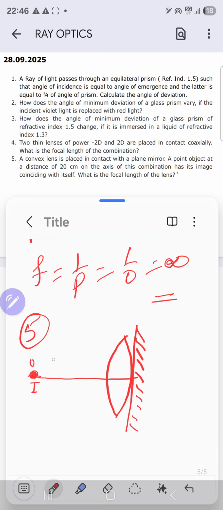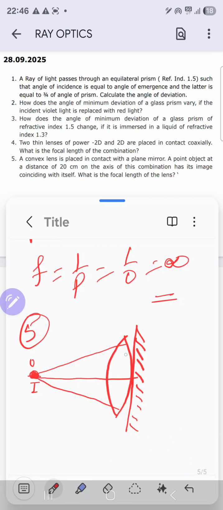Now you see the point object is here. Let us consider two rays from this point object. After reflection through the plane mirror, the rays must retrace their path so that they meet here again.